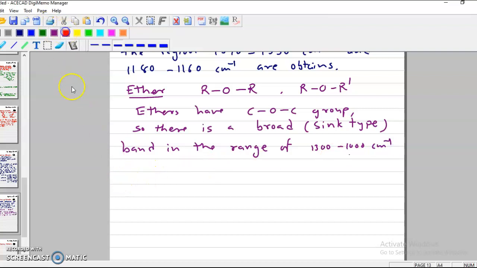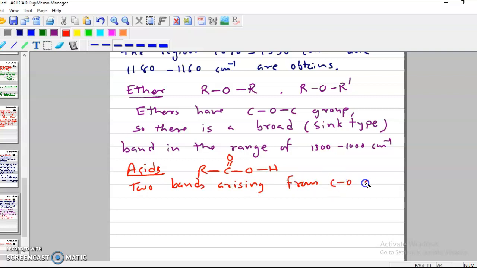In case of acids, we have R–C, then C–O, then O–H. In this case, two bands arise from C–O stretching and O–H bending.